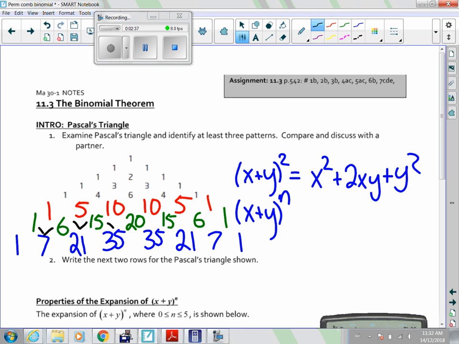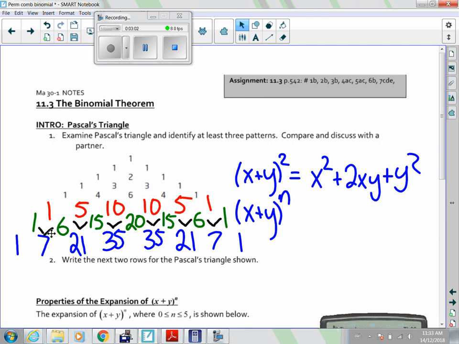This one here comes from the 15 and the 20, which makes the 35. Here we have another 15 and 20 makes 35. 15 and 6 makes 21, and 6 and 1 makes 7. So that's where all of those in-between values are coming from. So we've written the next two rows.